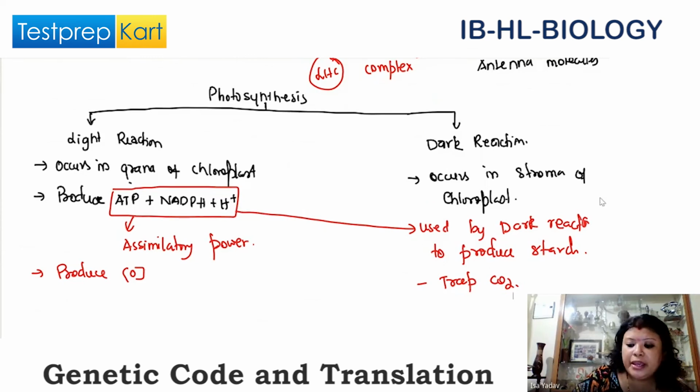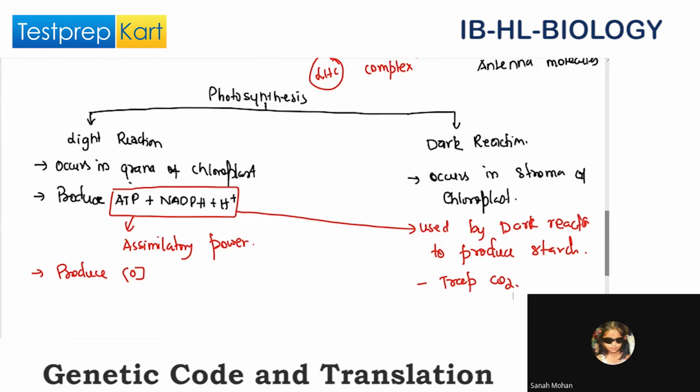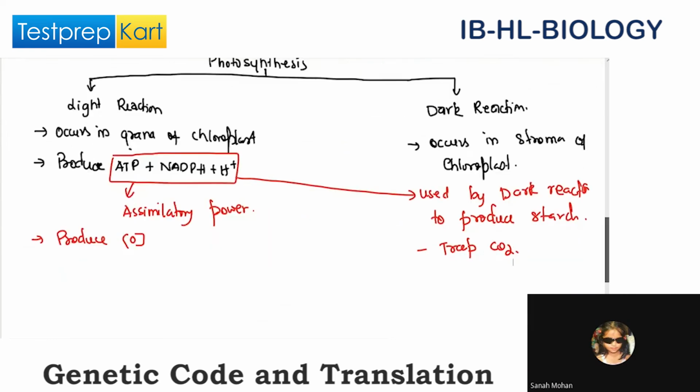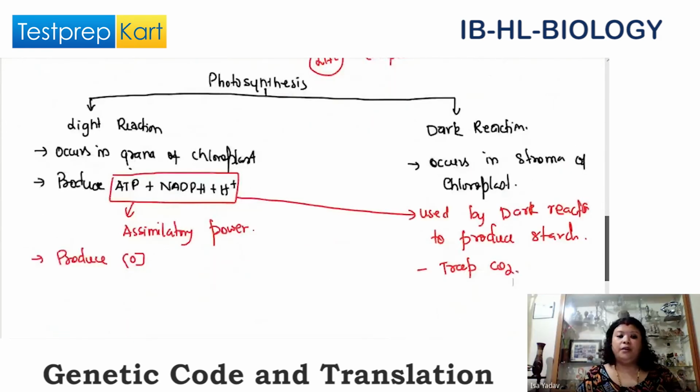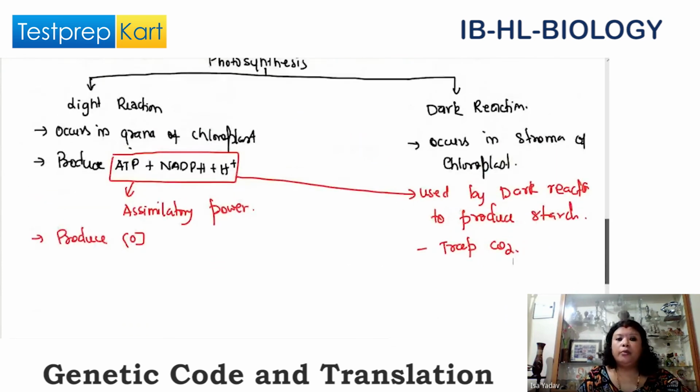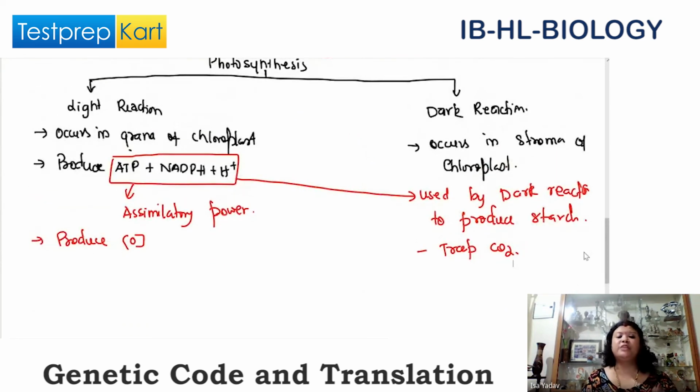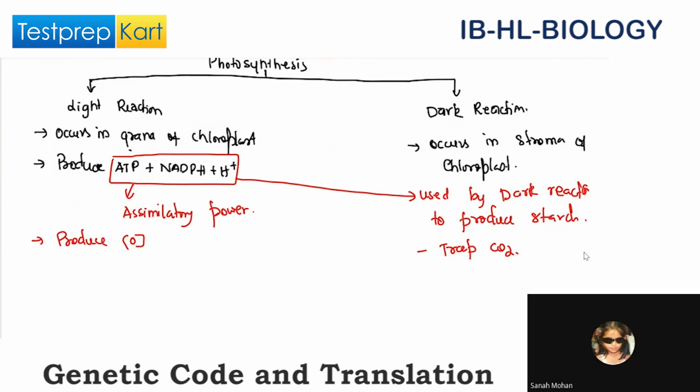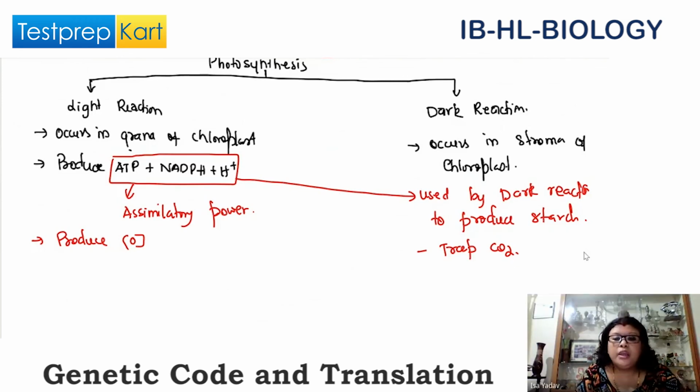Okay. Anything you have not understood here? No. So photosynthesis light reaction will produce ATP and NADPH that will be used by dark reaction to produce what? Starch. Yes or no? See the simple thing. Clear?